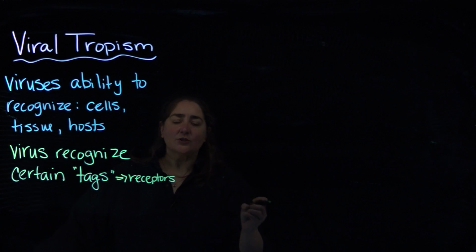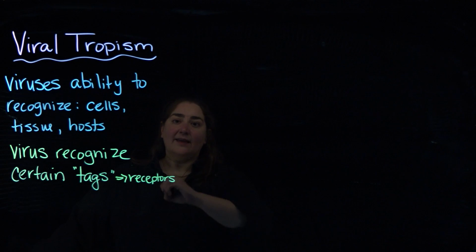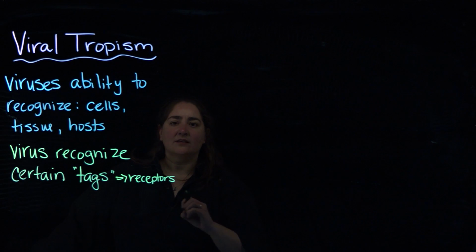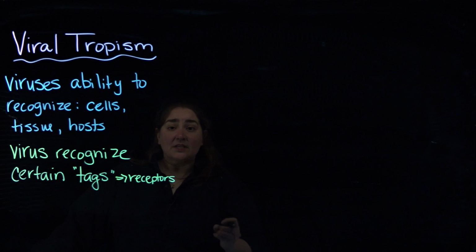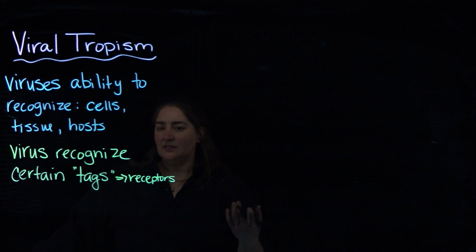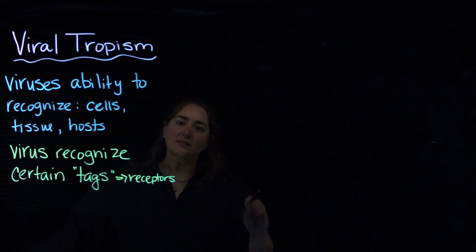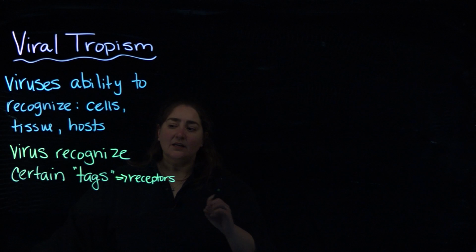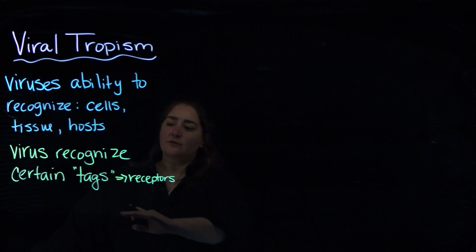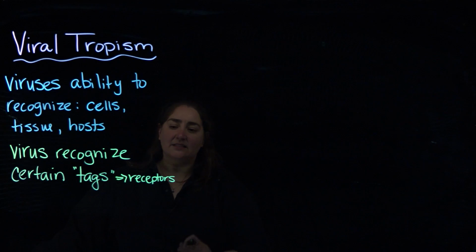And receptors are proteins that kind of hang out on the outsides of cells. Those cells make up tissues. Those tissues make up an entire individual. So whether or not a virus has the ability to infect depends on whether or not that virus is able to recognize the receptor, okay?